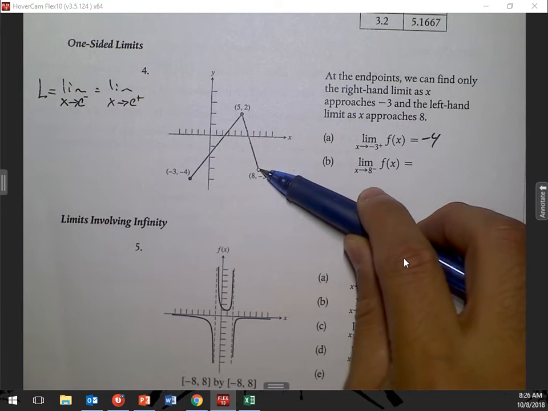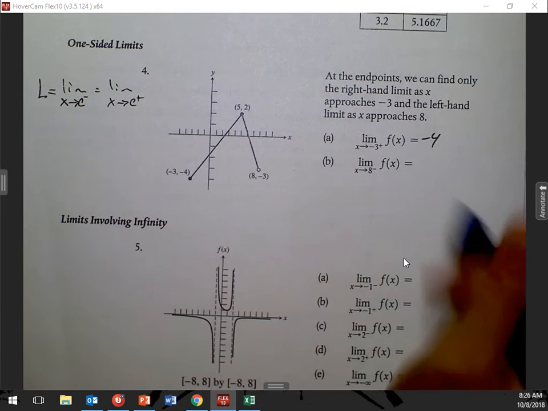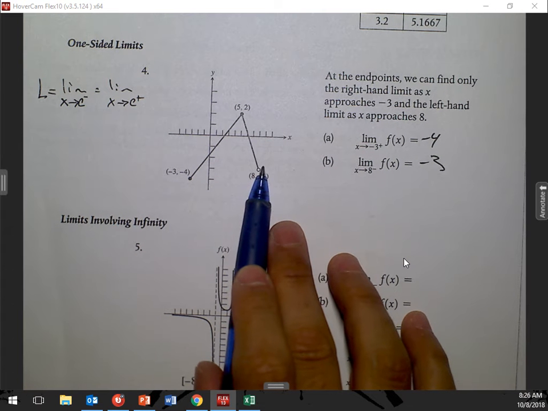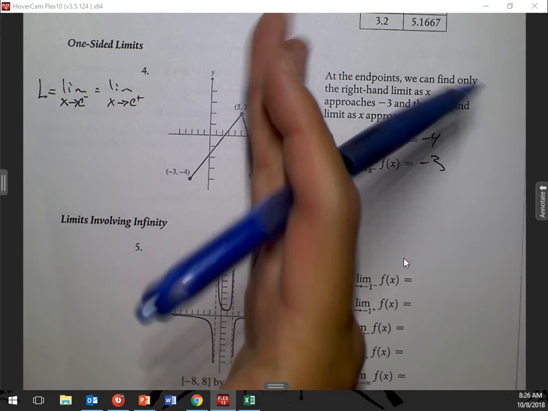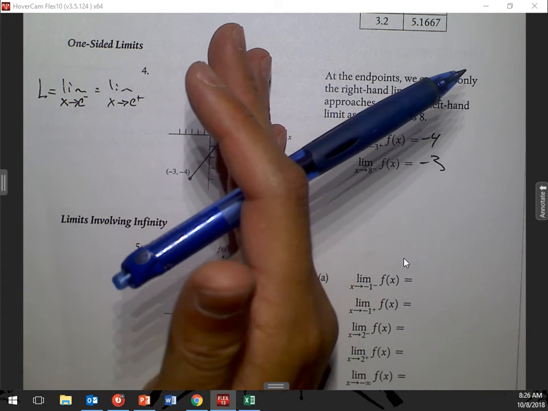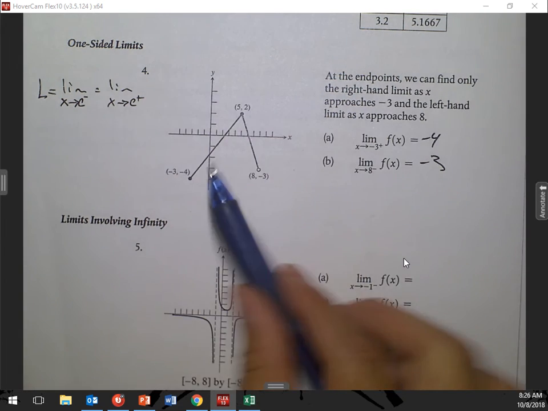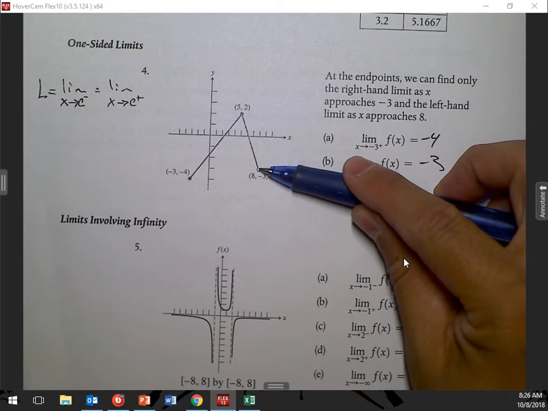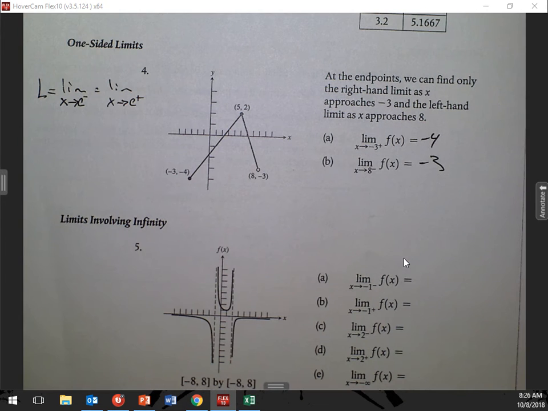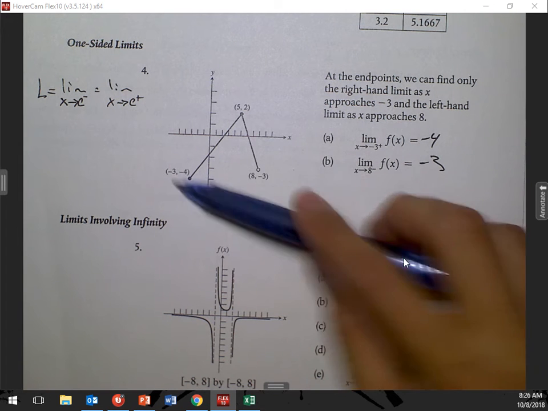So -3 is that point right there, and it's approaching from the left-hand side. I know it's kind of awkward because it's the right hand of the graph, but it's approaching from the left-hand side. You have to just read it as, here, the left side of this is only going to this right here.